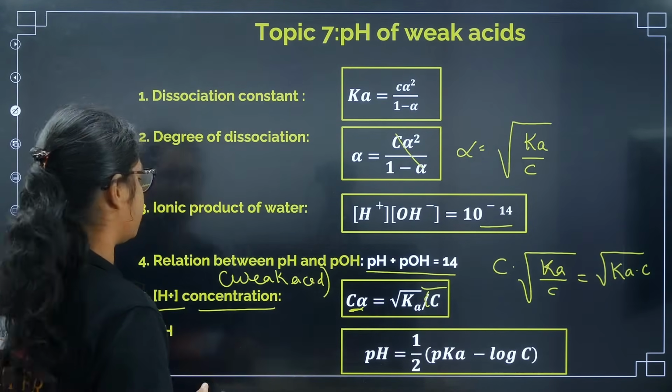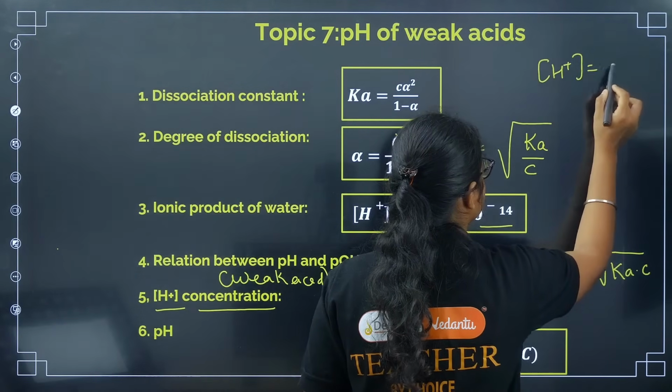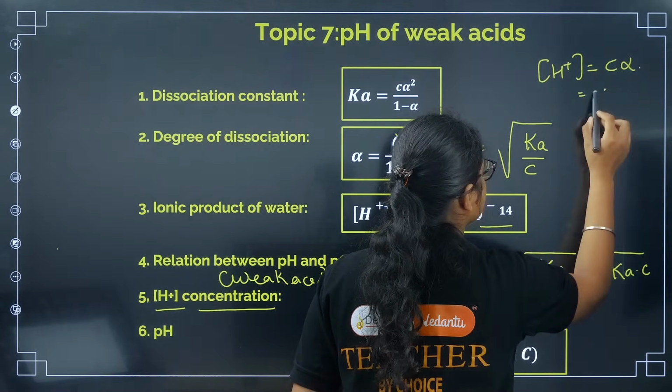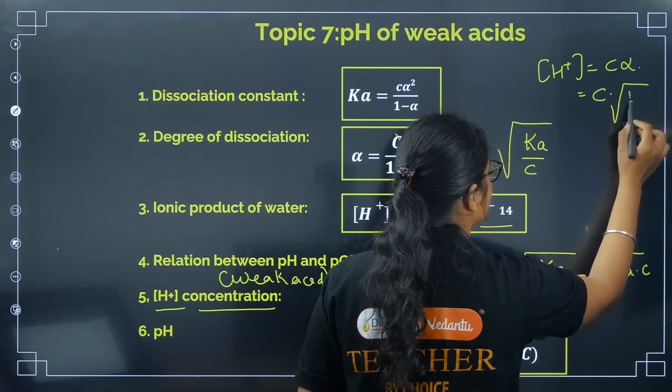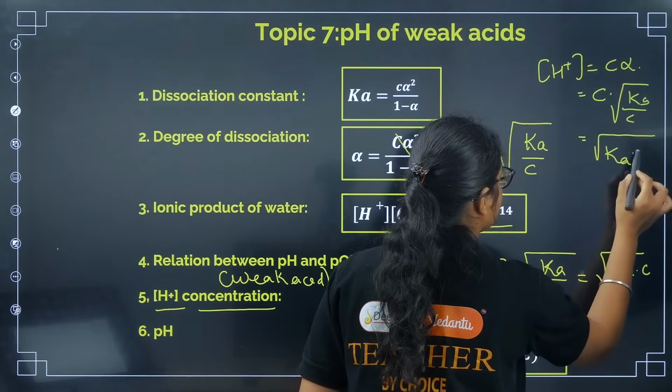Once again, H plus concentration for a weak acid is C into alpha. And if you put the alpha value, root over of Ka by C, I'll get root over of Ka into C.